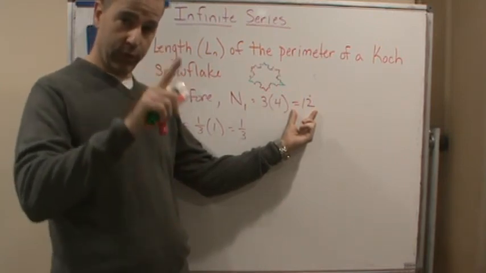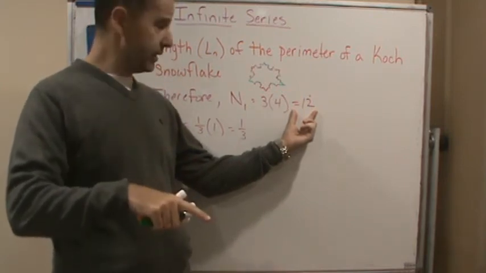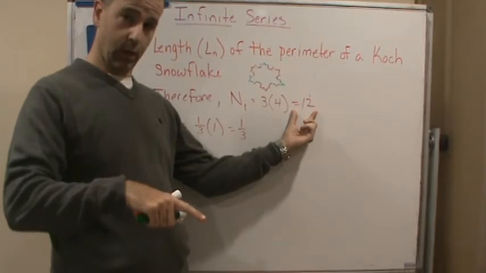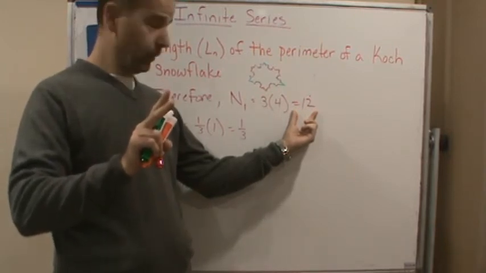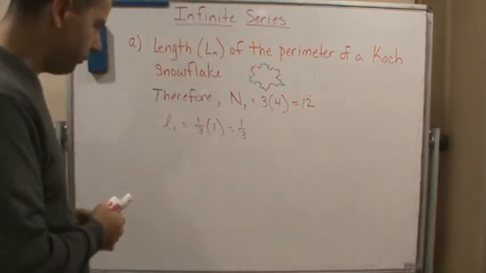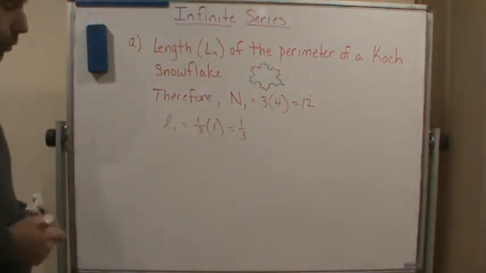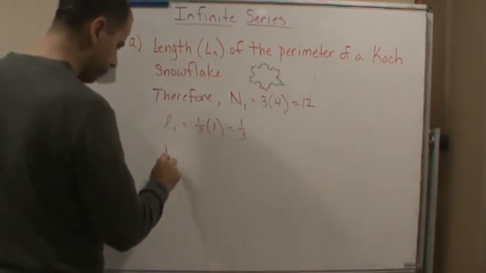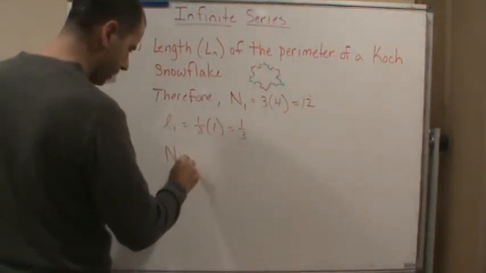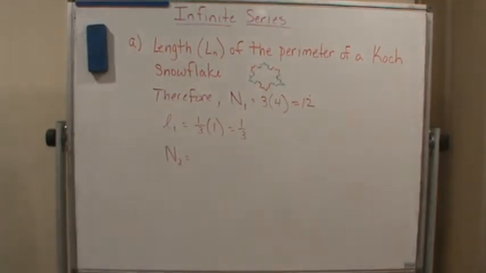We're removing the middle 1/3 of each one of these sides with 2 line segments, right? So what happens? We're going to take N1, so N2 then is equal to what?